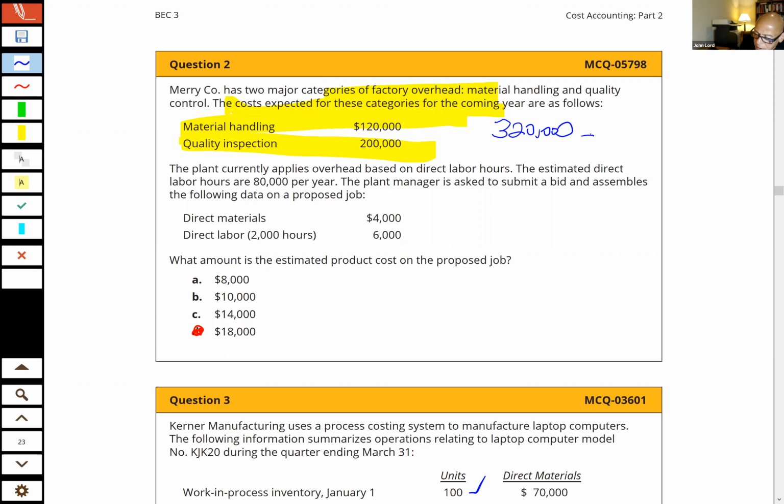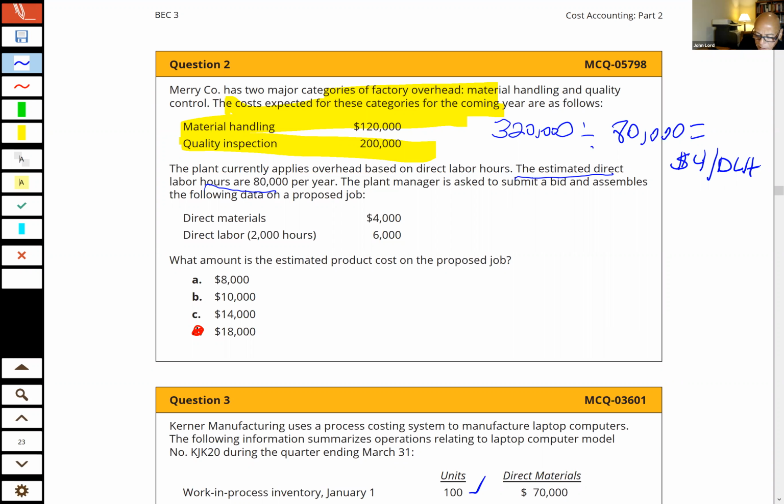That's what they estimate. And then we have to divide that by the estimated hours of 80,000. Remember, I wrote in estimated in that formula. We flashcarded that estimated cost divided by the estimated driver, which in this example is direct labor, which is commonly the case, but it doesn't always have to be the case. And that gives me $4 per direct labor hour for my predetermined overhead rate, right?